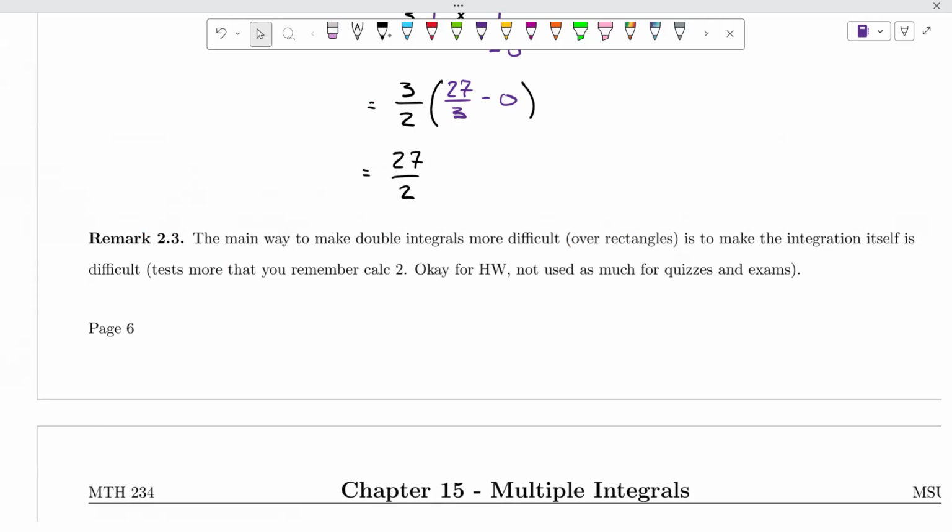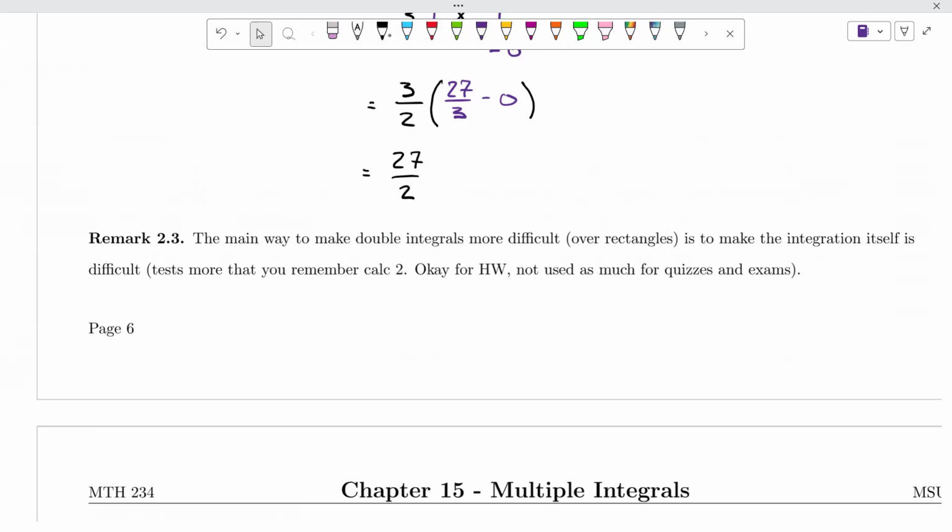So you might need to remember things like the derivative of arc tangent or arc sine. I think those come up. We'll need a couple of integration by parts examples. But for the most part, in fact, for the all part, we'll be containing any difficult single integrals to the homework and not so much on the quizzes or the exams because we need more time to talk about the actual more fun topics.